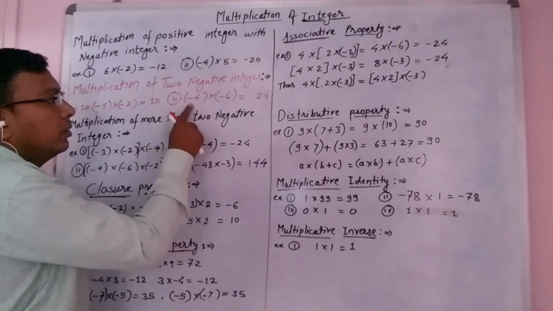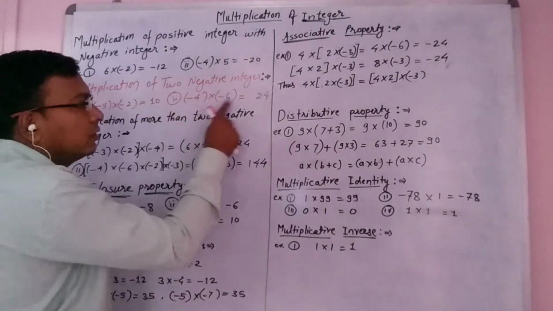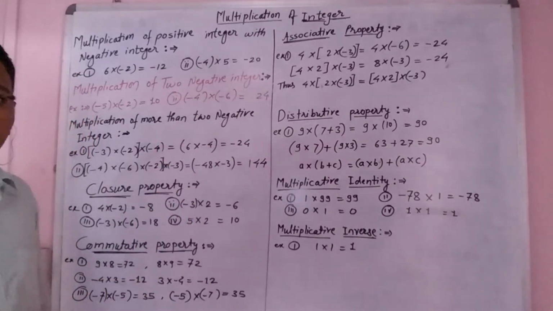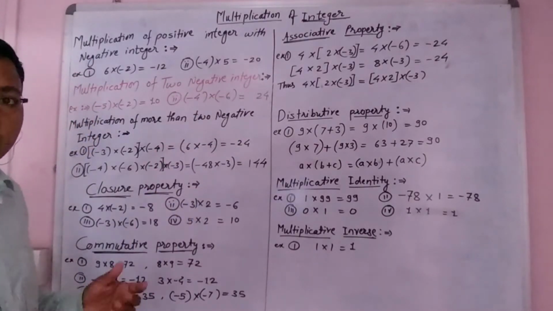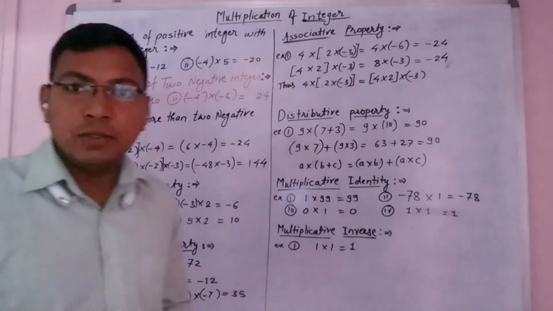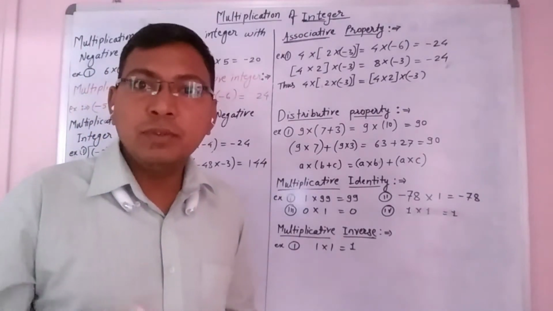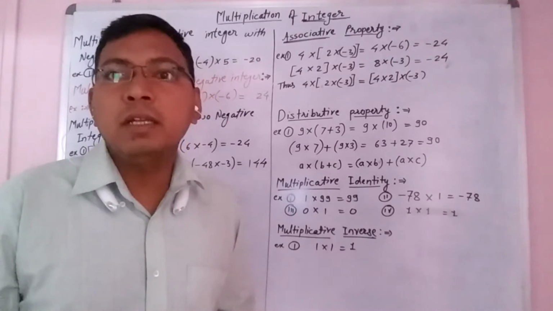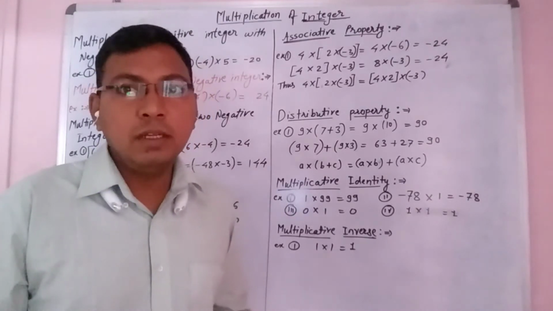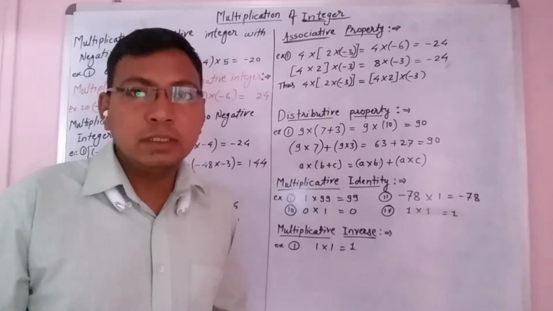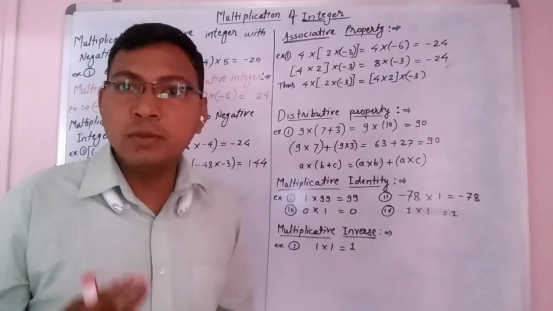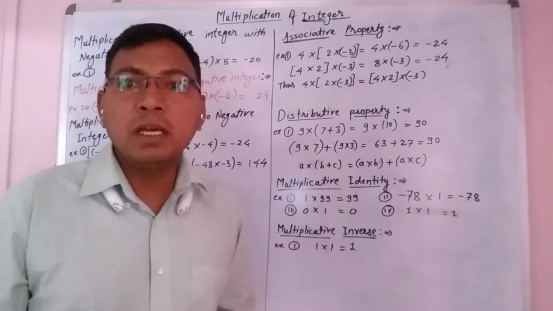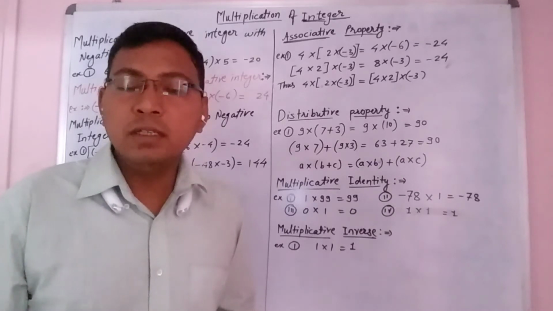The second problem, minus 4 into minus 6, gives the answer 24. When we take two negative integers, the product will be positive. So the second rule: two negative integers multiplied by each other, the product will be positive.